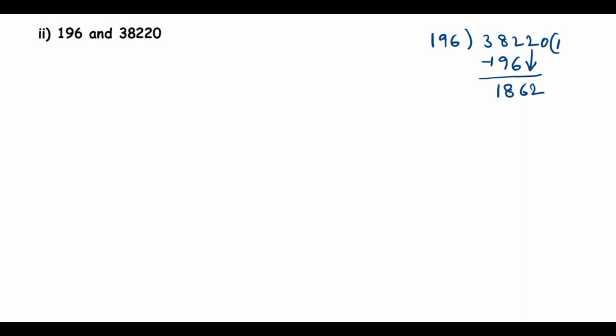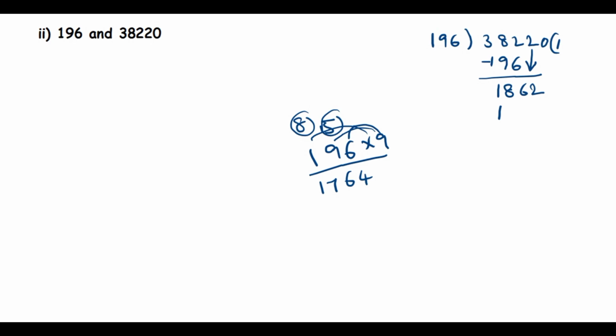Now 1862. How many times can we check? Just do the rough work. 196 into 9 times: 9 6s are 54, and 9 9s are 81 plus 5 is 86, and 9 1s are 9 plus 8 is 17, so 1764. If you subtract it, what will you get?